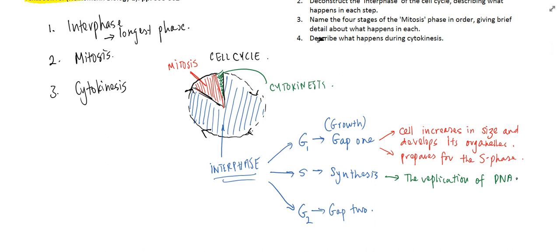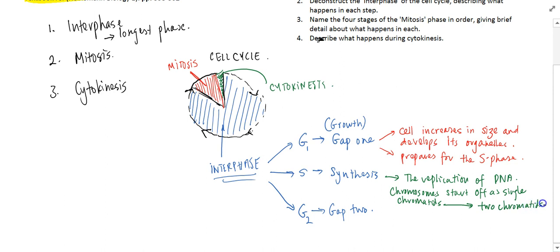So I'll say chromosomes start off as single chromatids. And then by the end of S phase, each chromosome is two chromatids. So those chromatids have replicated themselves.